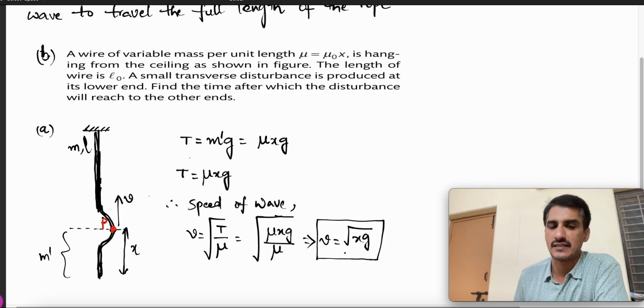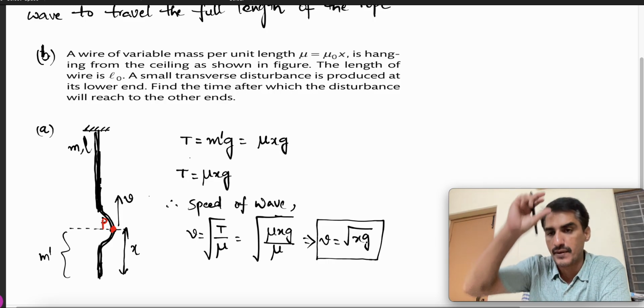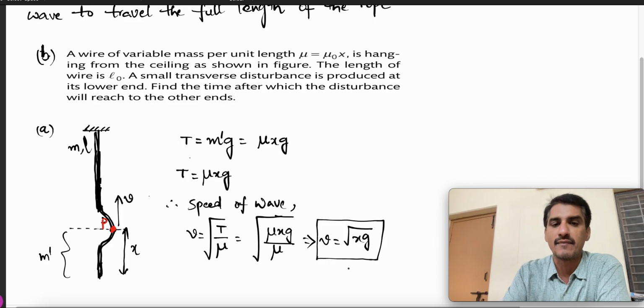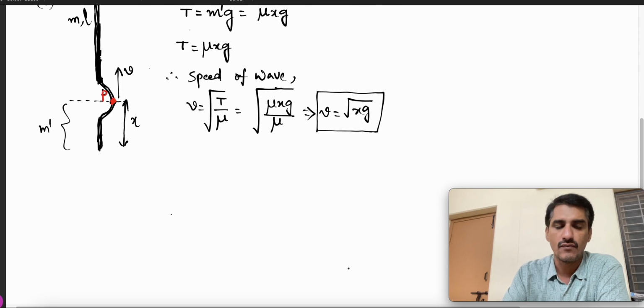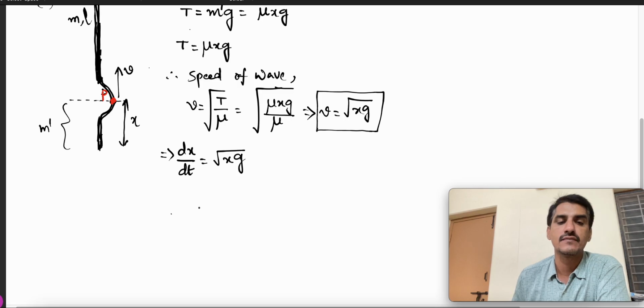Now with this velocity, how much time does it take for the pulse to go from the lower end to the upper end? Let us write that velocity as dx by dt, which is equal to root of xg.